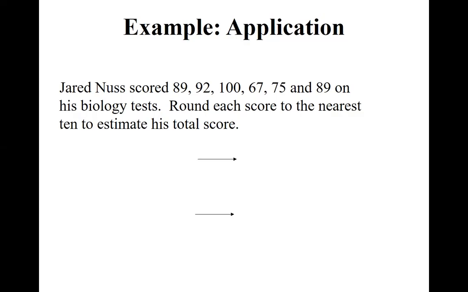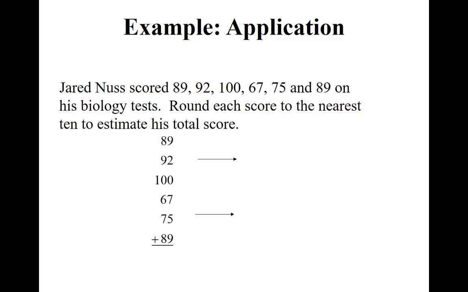Jared Nuss scored 89, 92, 100, 67, 75, and 89 on his biology tests. Round each score to the nearest 10 to estimate his total score. So we won't get exact.